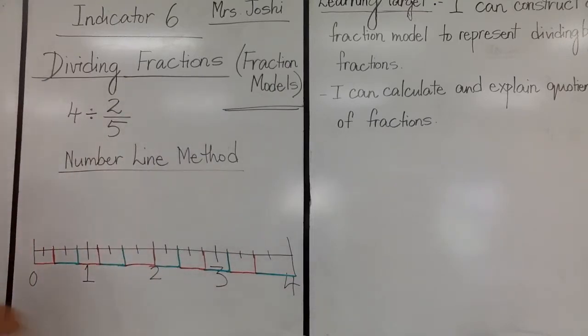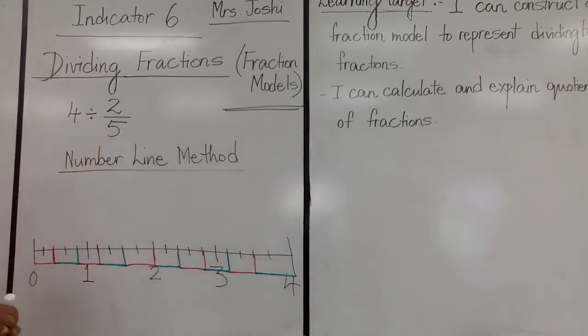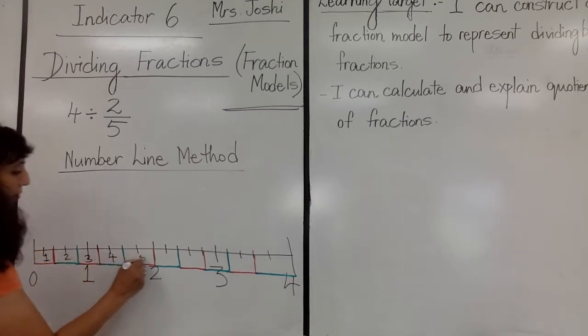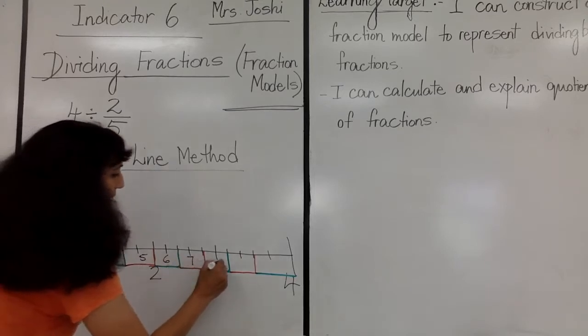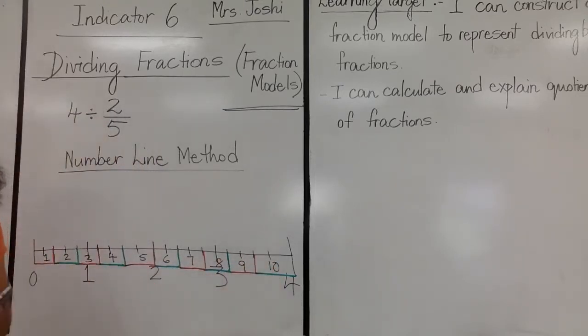Okay, so now once I have broken it into 2/5, 2/5, 2/5, 2/5, I'm going to count how many I have. So this is 1, 2, 3, 4, 5, 6, 7, 8, 9, 10 of these. So I have 10 as my answer.